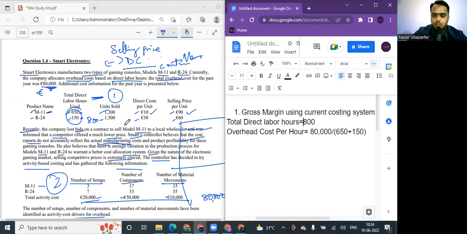Now look at this. Per hour overhead cost is equal to 80,000 divided by 800, which is 1,000. Yeah, 80,000 divided by 800 is 1,000.